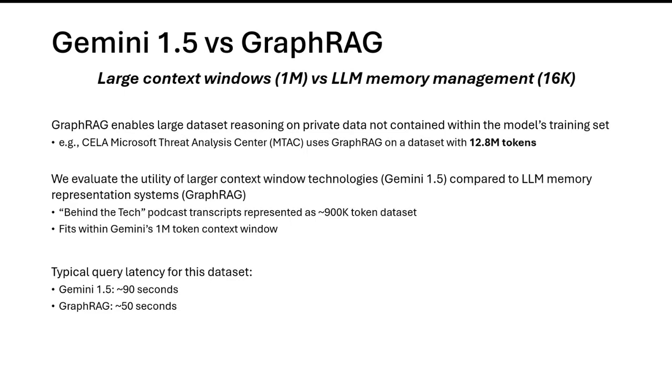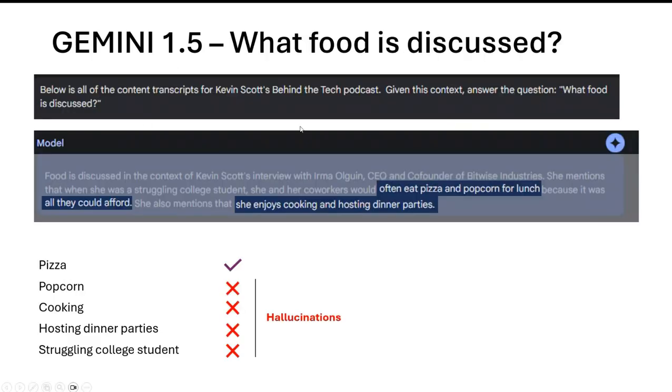Now we'll see an example prompt in this scenario. If you see here, we asked a question on what food is discussed in the entire podcast. Gemini, even though we presented the entire transcript, says pizza and then popcorn, cooking, hosting dinner parties, whatnot.